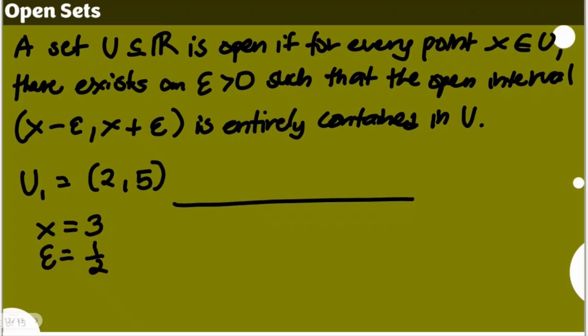In the Cartesian plane, 1, 2, 3, 4, and 5. Pardon me for not having accurate grids. Our x is at 3, and our interval is 2 to 5.